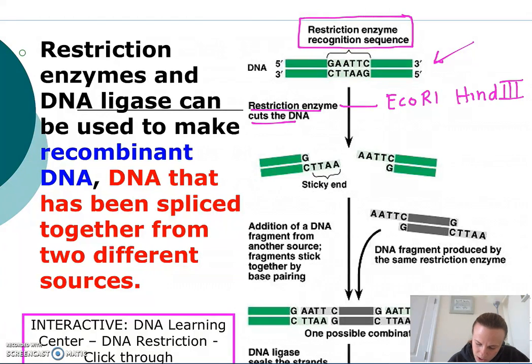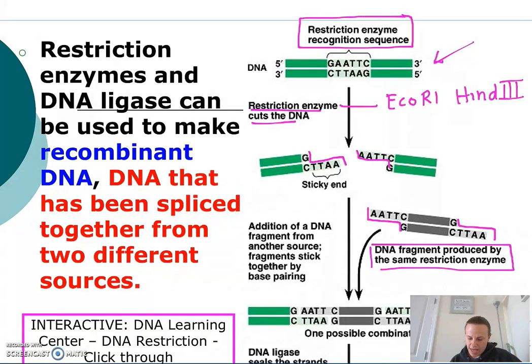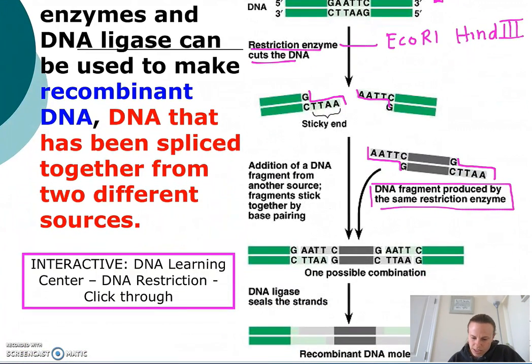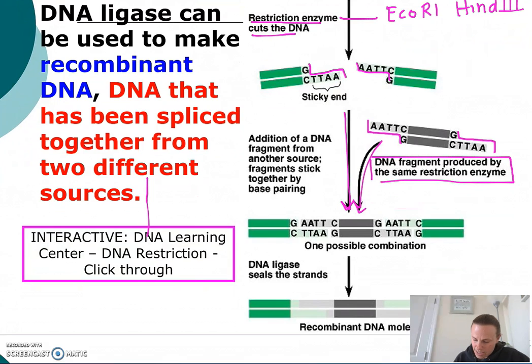What it forms are these sticky ends, which are just overhanging pieces of DNA. Now what I can do is take a DNA fragment from another source, cut it using the same restriction enzyme, and form the same sticky ends, which then can be glued together to form our recombinant DNA.